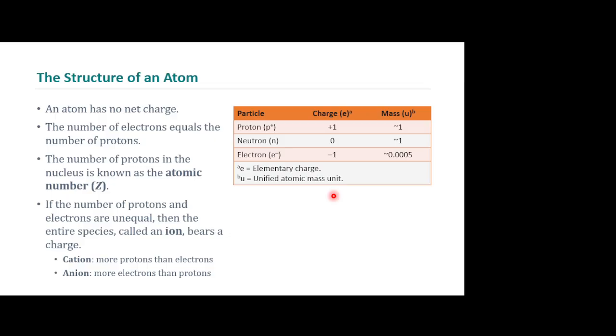You can actually put a 0 if you want. That's how you say it's neutral. Most people don't bother because they don't want to write extra stuff. If it's +1, what are we missing? An electron, right? +2, 2 electrons. +3, 3 electrons. And so on. If it's -1, we are what?